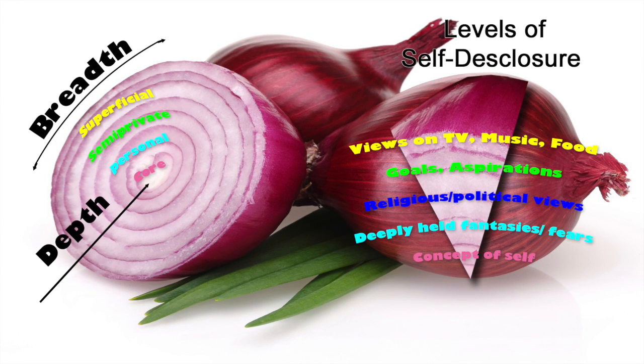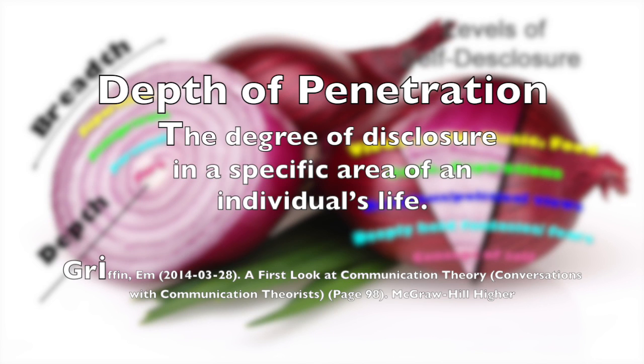Now, aside from that, there are two different ways of penetration, which are key terms in the chapter itself. One is the depth of penetration, which is the degree of disclosure in a specific area of an individual's life.